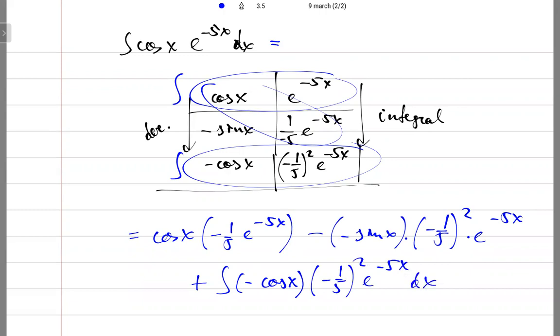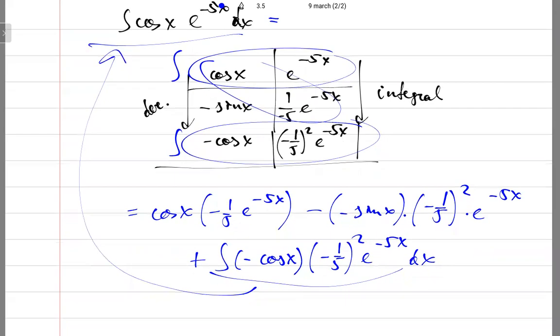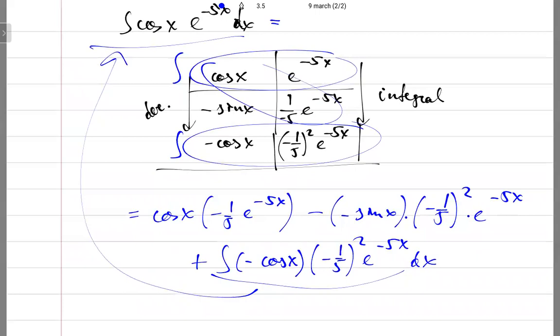And basically, that's all. I will just move the last term to the left-hand side. I will obtain 1 plus 1/25 times my integral is, okay, so that's basically finished.